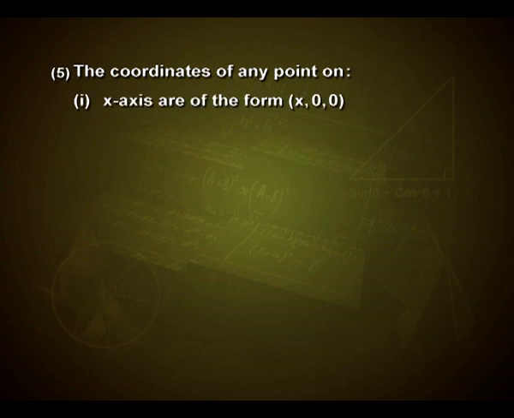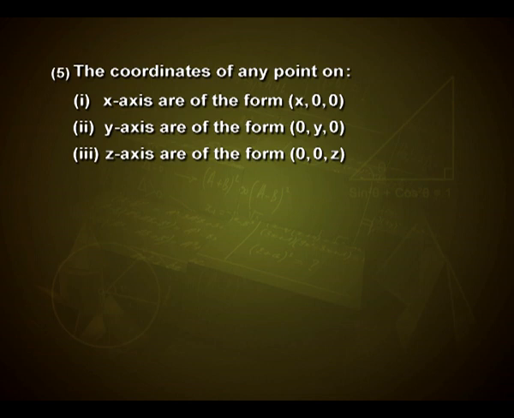The coordinates of any point on x axis are of the form (x, 0, 0). The coordinates of any point similarly on y axis can be in the form (0, y, 0).